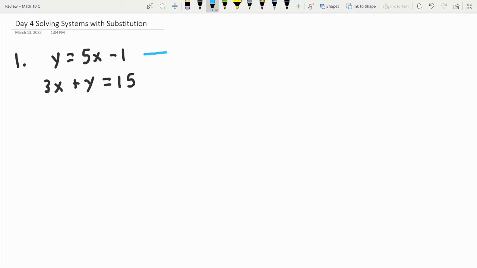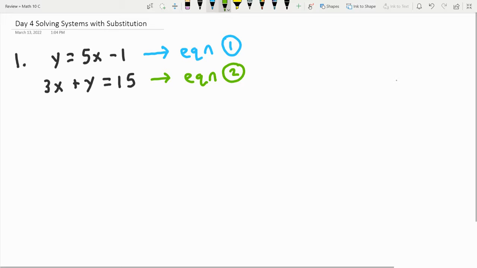So the first thing I'll do is label my equations. I'll label my first equation as equation 1. And I'll label my second equation as equation 2. Once I have these labels, I want to plug one equation into the other. Because equation 1 is already in y equals form, I don't have to isolate for that one, so I'm going to plug equation 1 into 2.